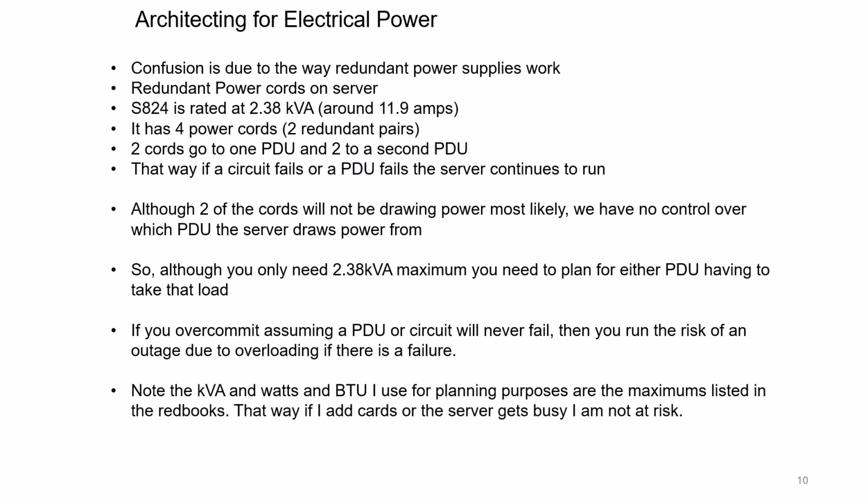What that does, it means that if I add cards or the server gets busy, I'm not at risk. And then when I take that kVA and I go, okay, it's 2.38, and that's on across 2 PDUs, then I make sure that I have enough extra capacity for that 2.38 on the 2 failover ports. Hopefully that makes sense to you.